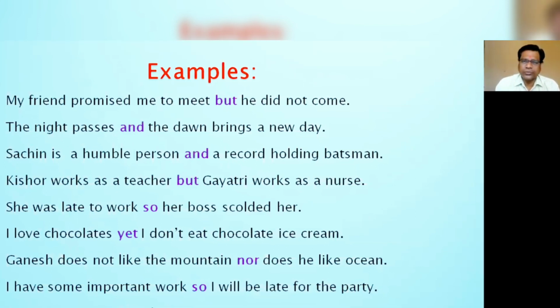So we use different coordinating conjunctions in order to make compound sentences in English. So always remember, these are only 7 in number: for, and, nor, but, or, yet, so.